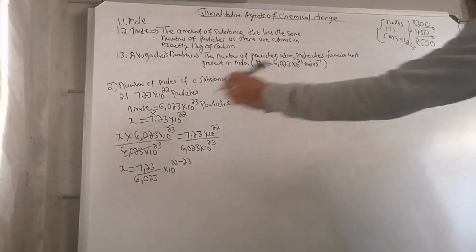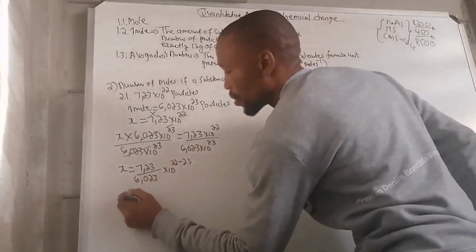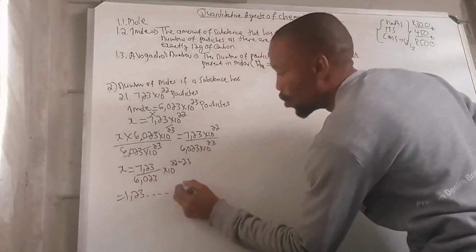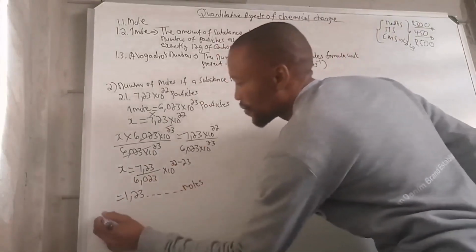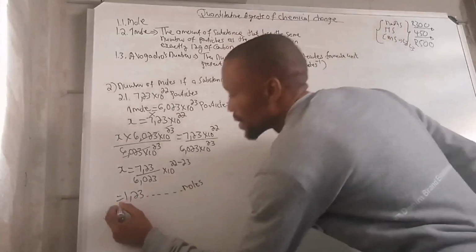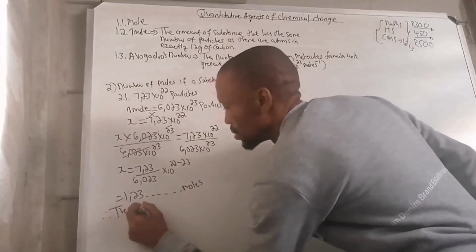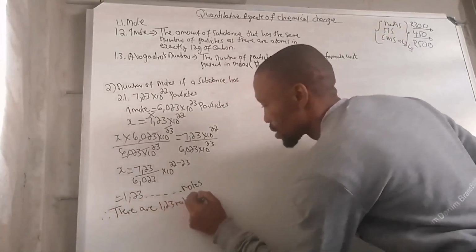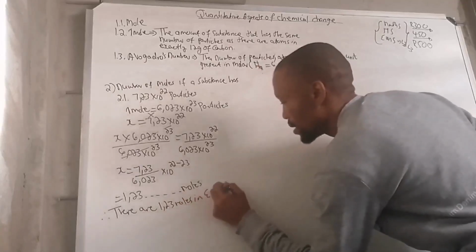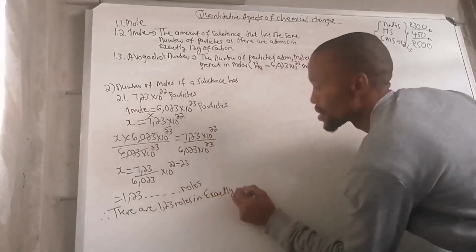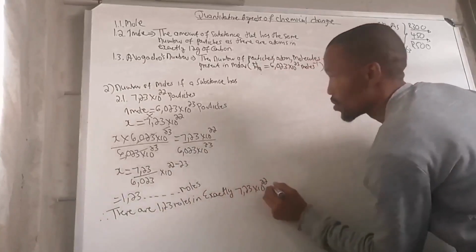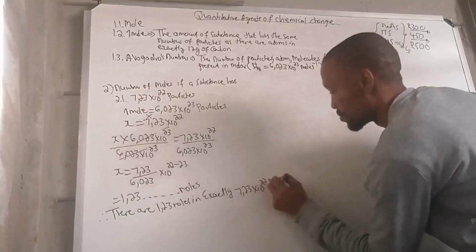Now, how can this be calculated? There are x moles in exactly 7.23 times 10 exponent of 22 particles.